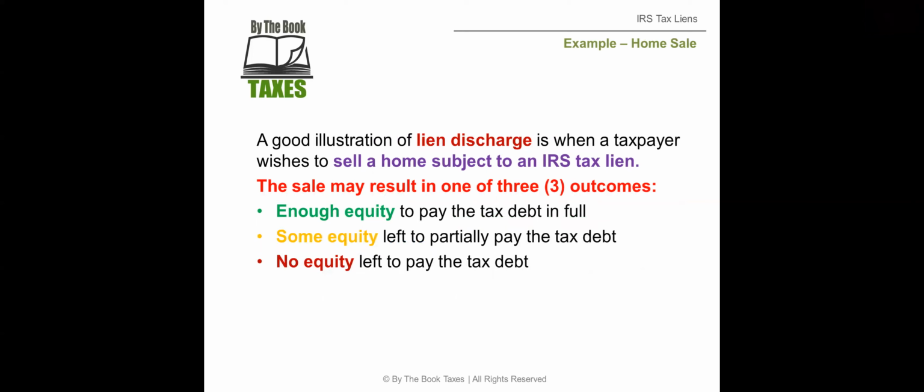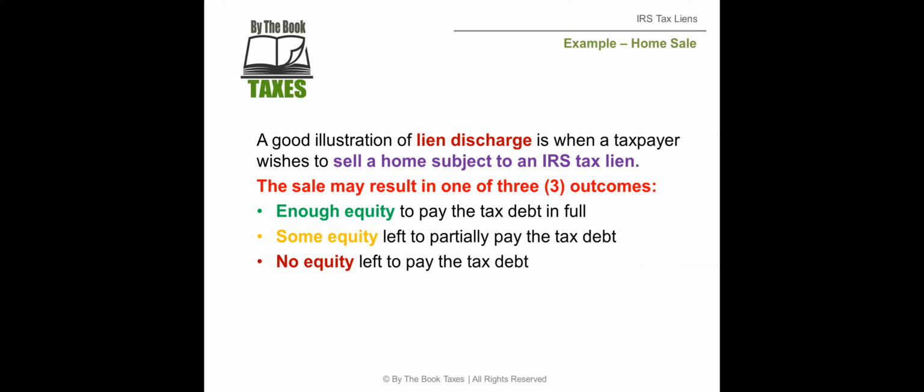Here's a good example. You want to sell a home, but you have a tax lien on it. And you ask, can I do this? Am I unable to sell because of the lien? The answer is no. But you have to look at the conditions. A sale of a home may result in enough equity, after paying the sales commissions, the mortgage, and the lawyers, to pay the tax debt in full.